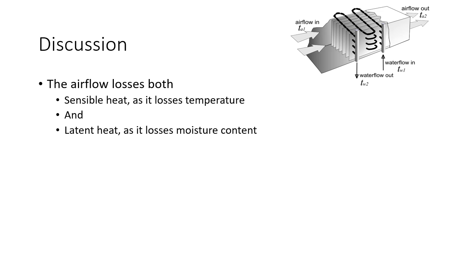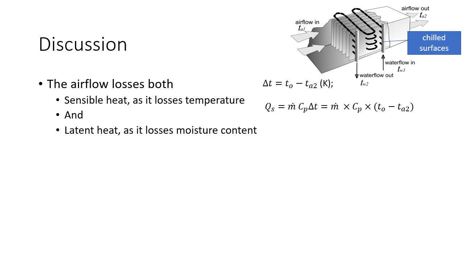So condensate is gathered at the bottom, right? Because of the chilled surface. So from the sensible heat lost, there's a temperature drop. We use this formula to bring this together, sensible heat and the temperature drop, to link these two together.